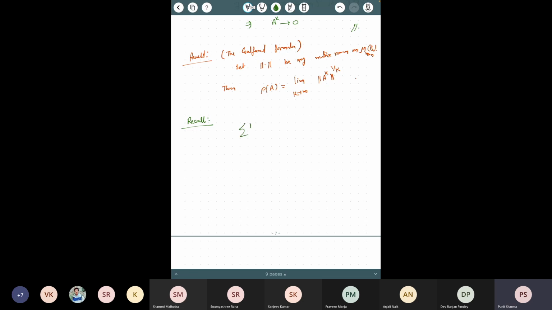So if a_k is a sequence of real or complex numbers, then if the series is absolutely convergent, this implies that the series is convergent, right? This we know. So absolute convergence implies convergence.